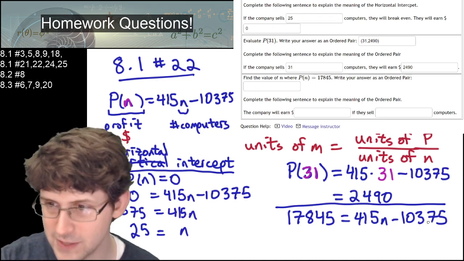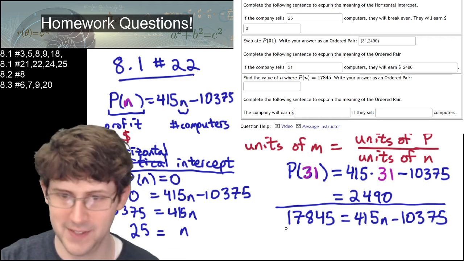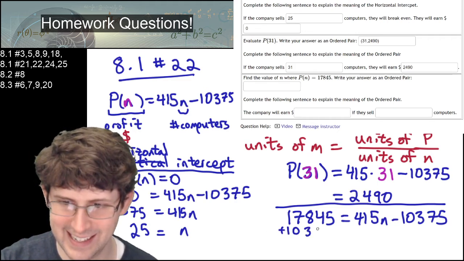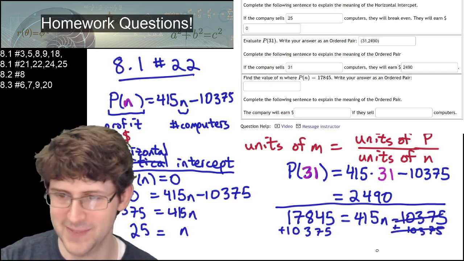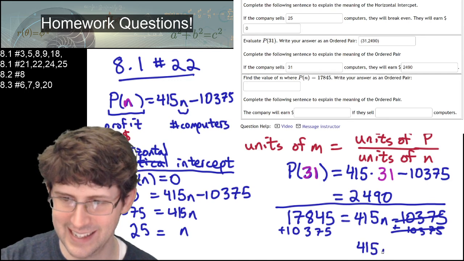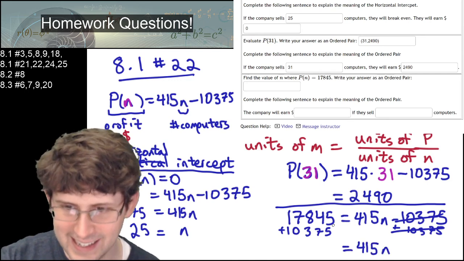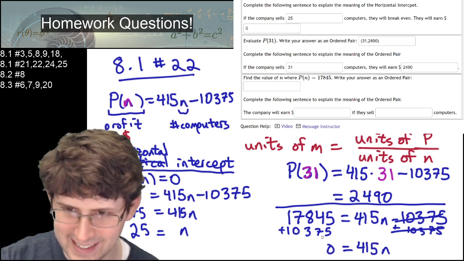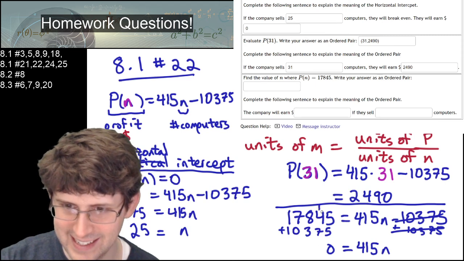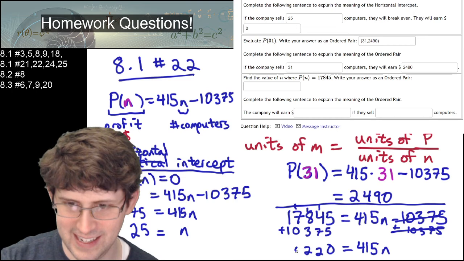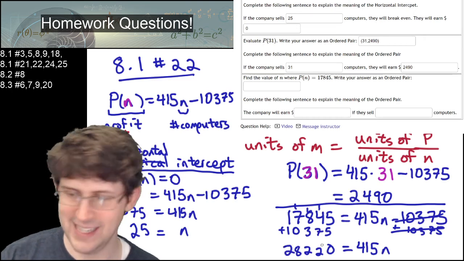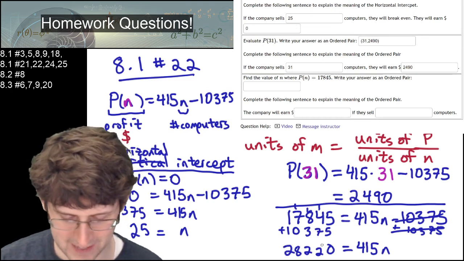So I'll add 10,375 to both sides. I guess I should have opened a calculator program. I get 10,12,828,220, and then I divide that by 415.